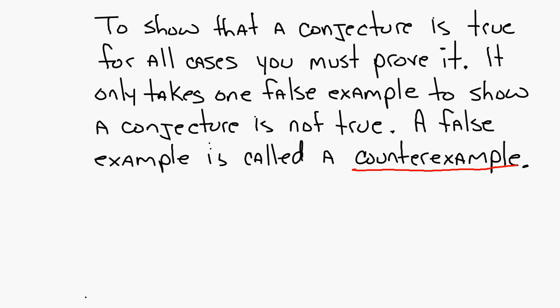If you look right below, find counterexamples, example 4 on the top of page 94, it says find a counterexample to show that each conjecture is false. And they give you one conjecture in the form of an if-then statement.